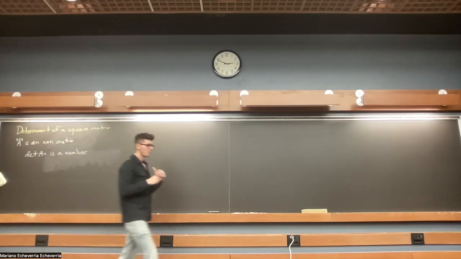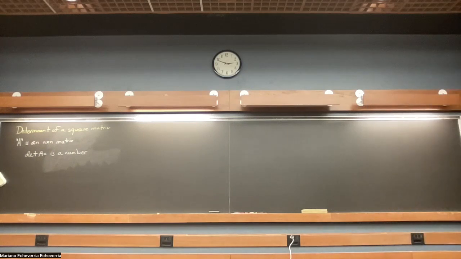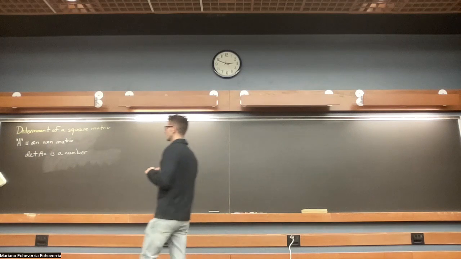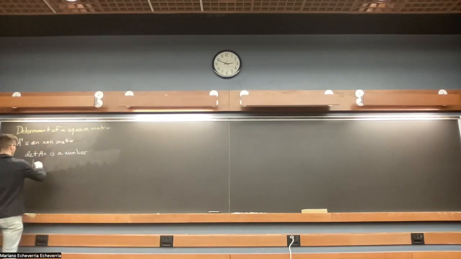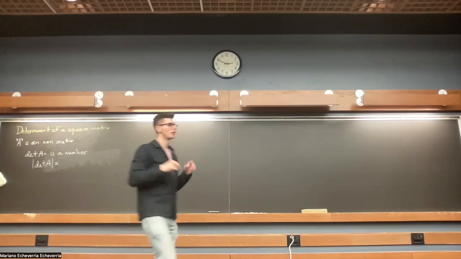If you remember from last time, this number could be positive, negative, or actually also zero, that's allowed. The important thing is that geometrically, this number, if you take its absolute value, corresponds to some sort of volume.